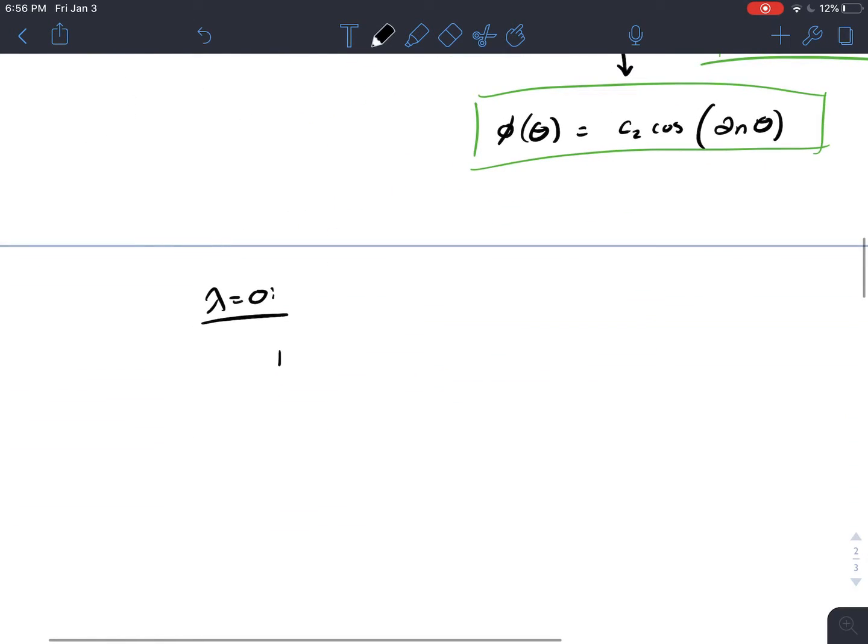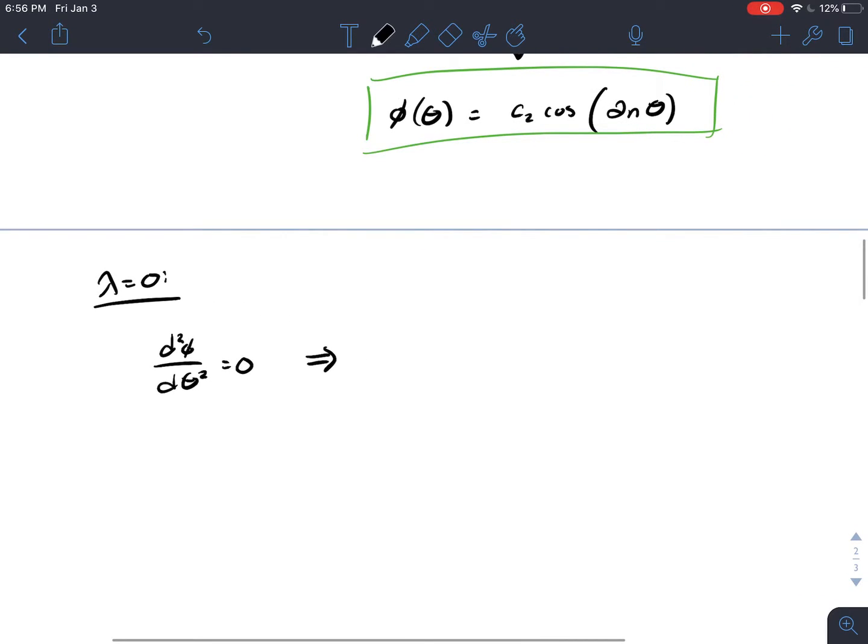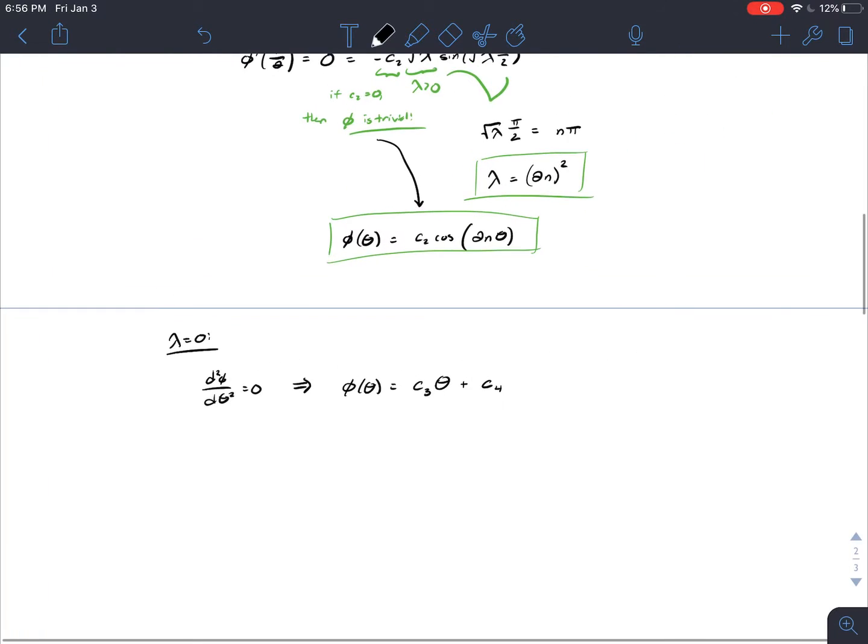So when lambda is equal to 0, we have the differential equation d squared phi d theta squared is equal to 0. And if we solve this out by integrating both sides twice, we find that phi of theta is simply going to be equal to c3 theta plus c4.